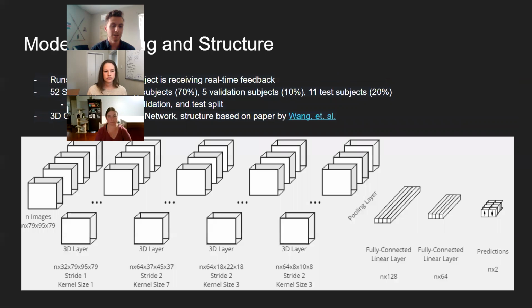But we decided to give it a go, and we built our structure very similarly to a paper written by Wang et al. We had about 7 layers in the network and split the subjects and trained on about 36 subjects, validated on 5 and tested on 11.